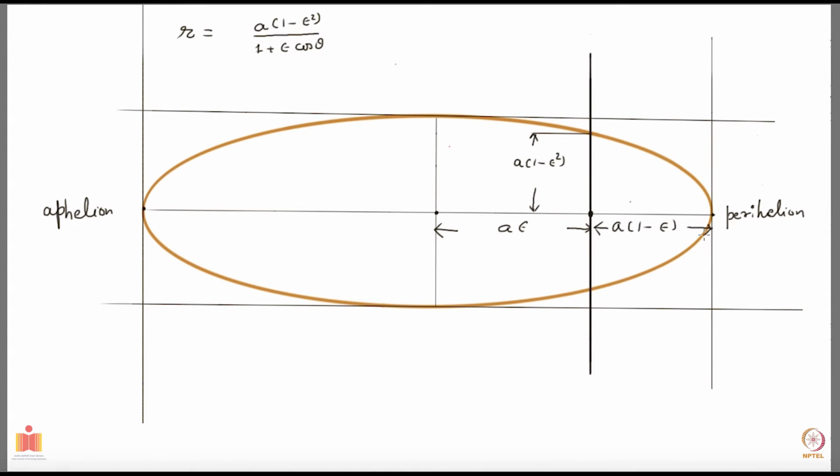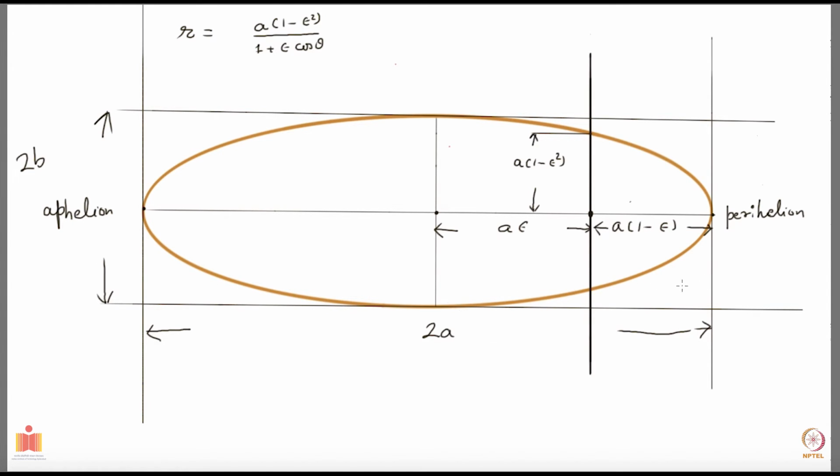Okay, perfect. And the rectangle which you see here is 2A from here to there, and this length is 2B from here to there.